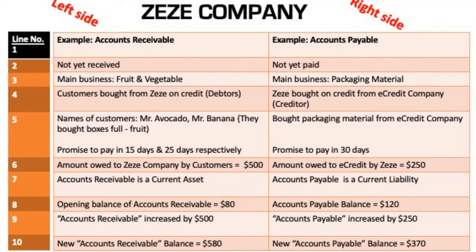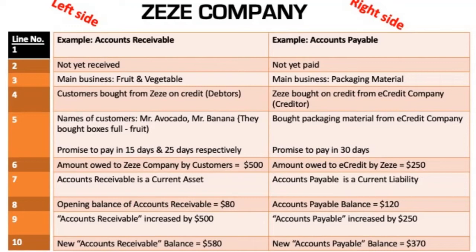Let us give them names. If you look at line number 5, we say these customers who have bought fruits from Zeze Company are Mr. Avocado and Mr. Banana. Mr. Avocado and Mr. Banana bought fruits and vegetables from Zeze Company on credit.